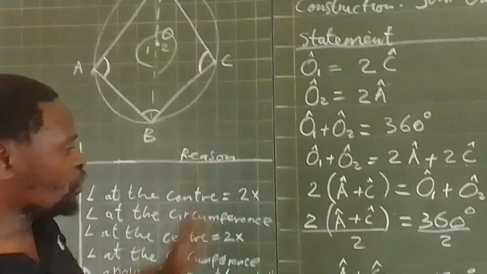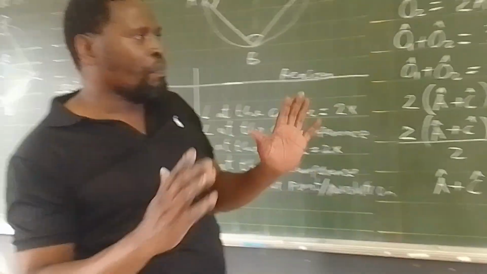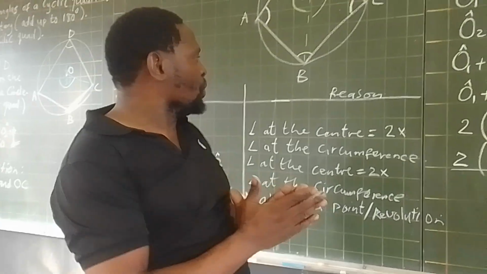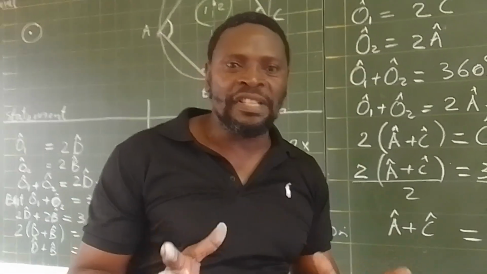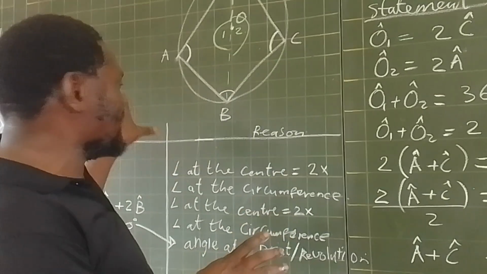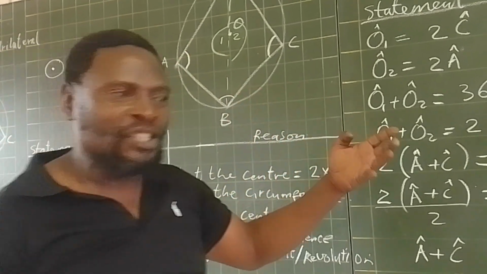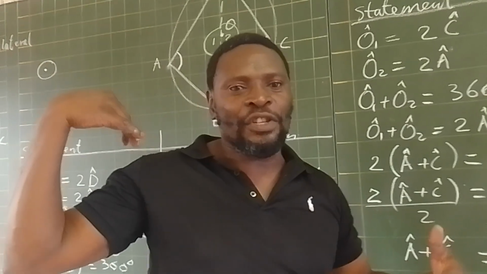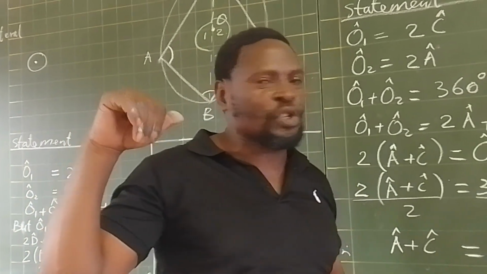This is how you prove it, and then you will come to apply it in the problems that will be given to you so that you can apply and show them that you understand geometry from the theorems. If you don't understand theorem 1, 2, 3, and 4, we have done it. It was covered in the previous videos. Just go back and check from the Angle Pythagoras YouTube page.